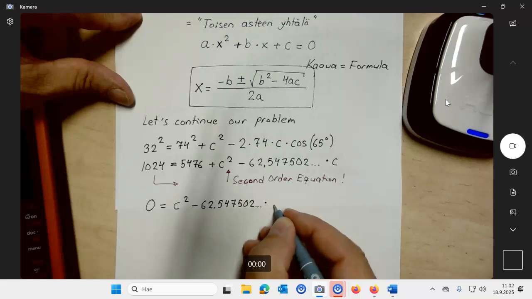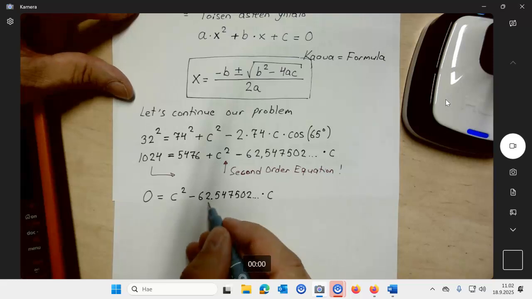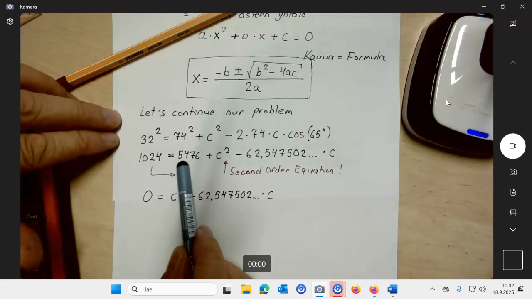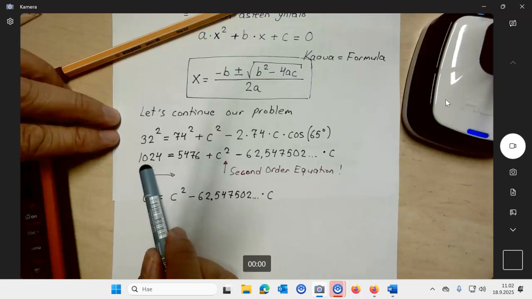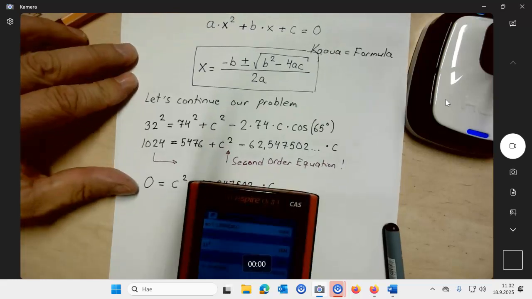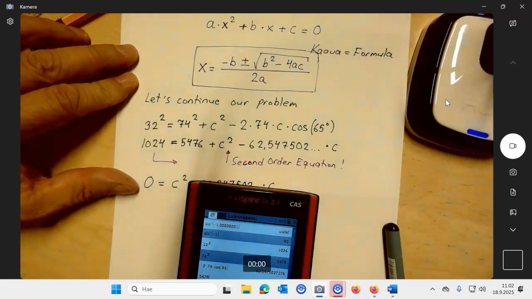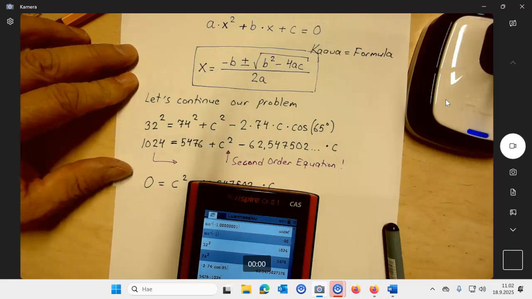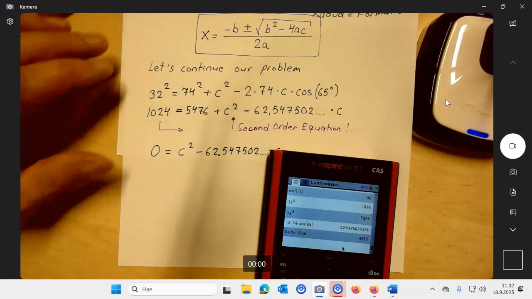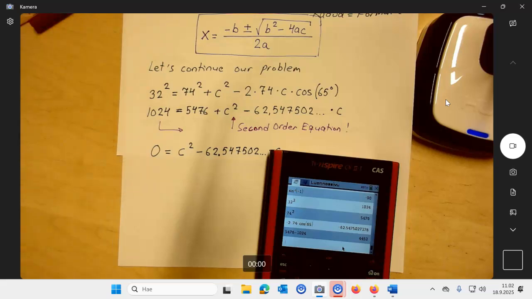You don't actually need to use all those decimals, but I will write them on the paper. And then we have this 5,000 here and 1,000 here, so I will move this, and it will change the sign. I will subtract 5476 minus 1024, so I will get plus 4,452.